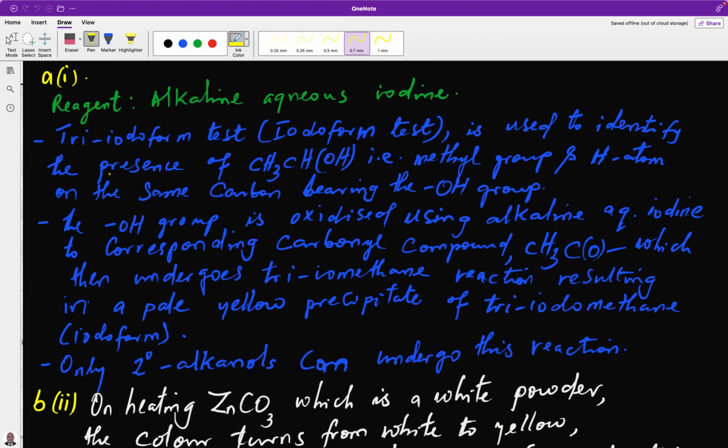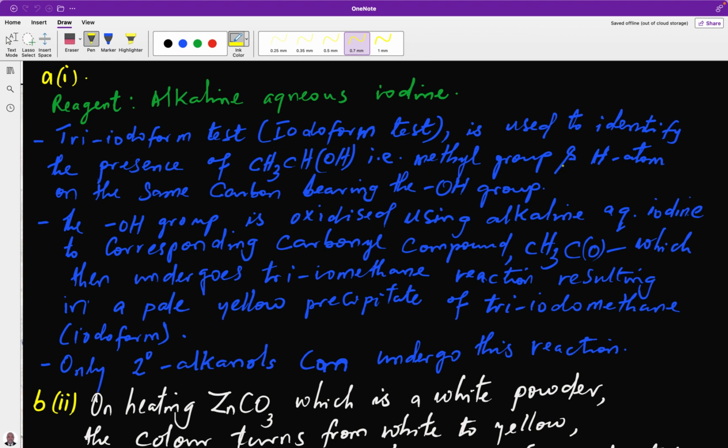This is used for which test? This is the triiodoform test, or what we call the iodoform test. The iodoform test is used to identify the presence of this compound, CH3CHOH.